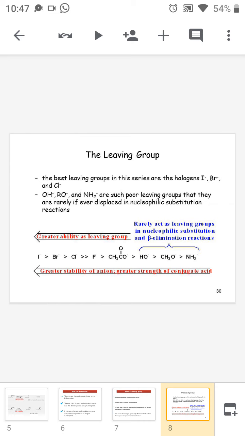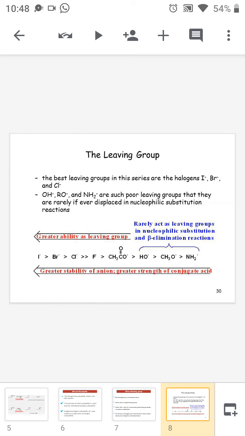Then how will we determine a good leaving group? The best leaving groups are the halogens I minus, Br minus, Cl minus. So the greater the stability of the anion, the greater the possibility of acting as a leaving group. That's why I minus is a better leaving group than Br minus, because I minus is more stable than Br minus.